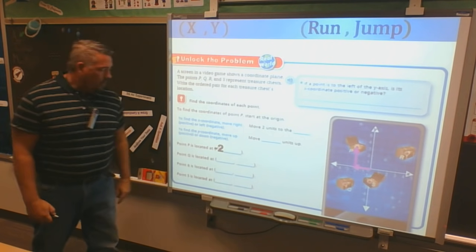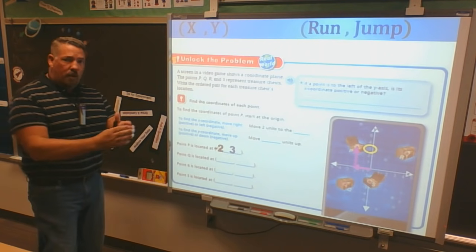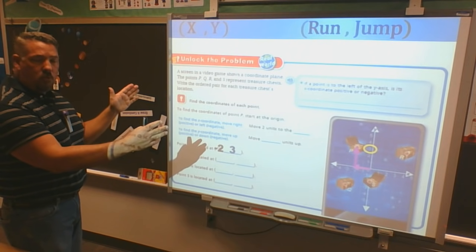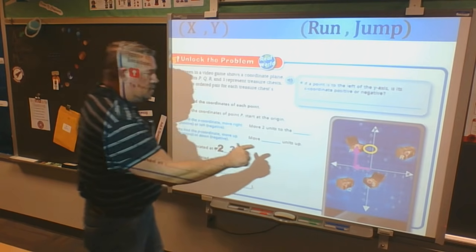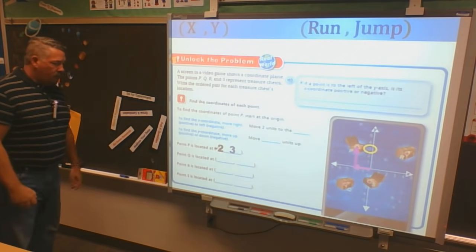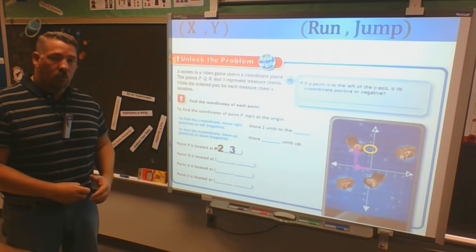So my ordered pair is -2, positive 3. Sometimes we're going to get pretty far out there, maybe even 20 spaces or 20 units from the Y-axis. So follow your finger across and locate where it's ending up, so you can tell that it is indeed a positive 3.